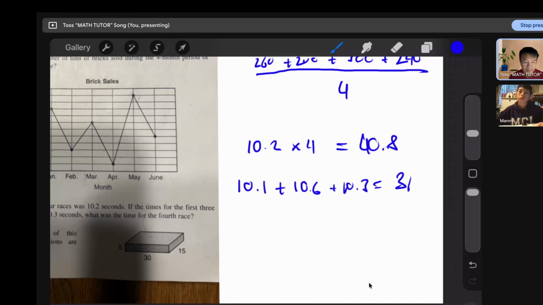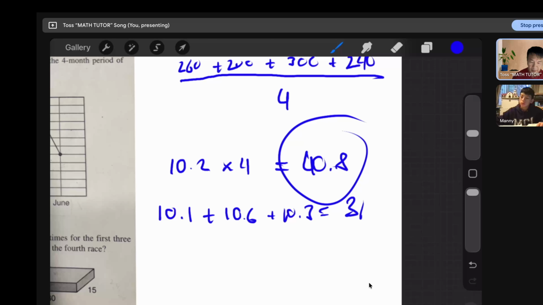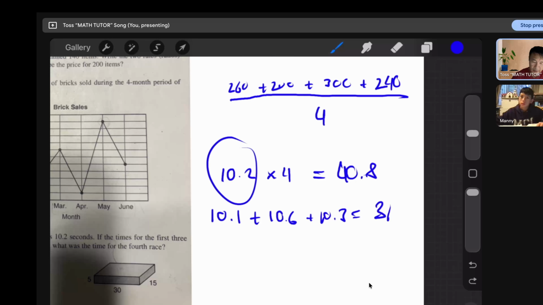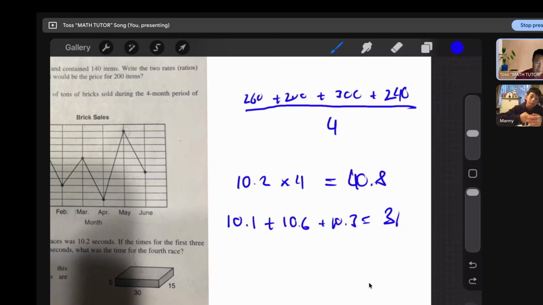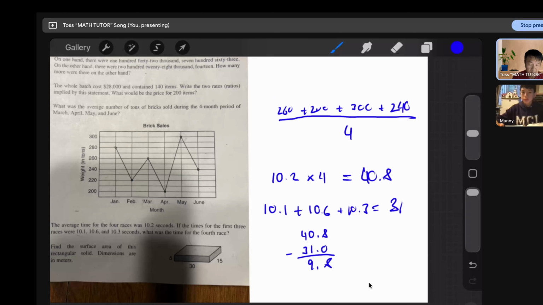The average is this right here, so it can't be a huge number. So yeah, we subtract. 40.8 subtract 31. If your teacher wants you to show the work and align it, go for it. I'll do 1 decimal place right there. And what is that? 9. Okay, so that looks like around 10. So that makes sense. Is that okay? There you go. Seconds.